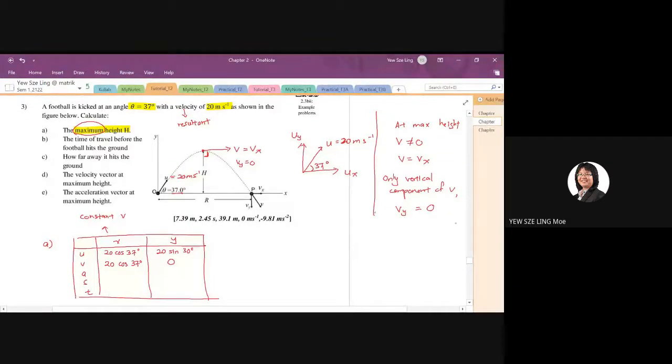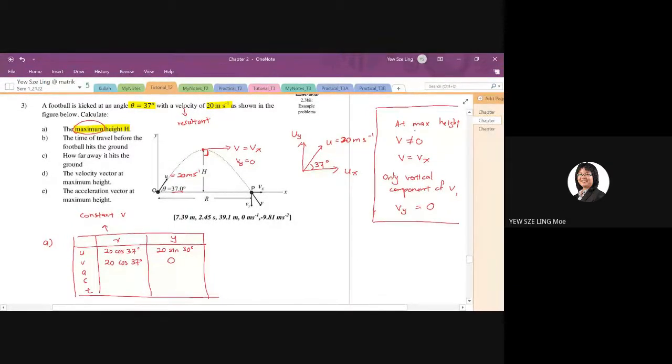So make sure you know, this is a very tricky question in objective questions. It might come out in your UPS, who knows? So make sure you understand. You've got 3 different V: horizontal component V, vertical component V, and resultant V. So at max height, the resultant does not equal 0. Only the vertical component is equal to 0.